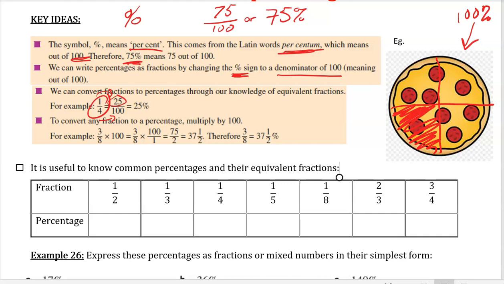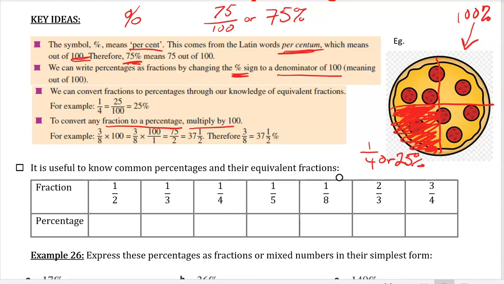Now our top number is 25 with a denominator of 100. We have 25%. Therefore, 1/4 of this delicious pizza is the same as 25% out of 100. So if we want to convert a fraction to a percentage, we multiply by 100.